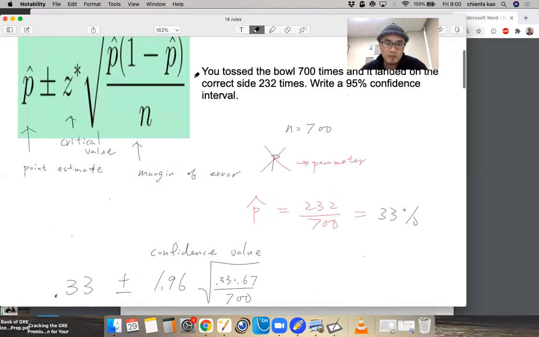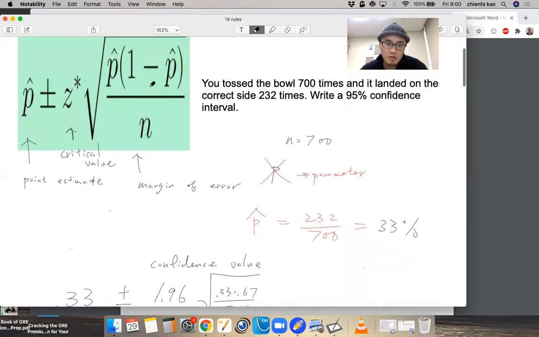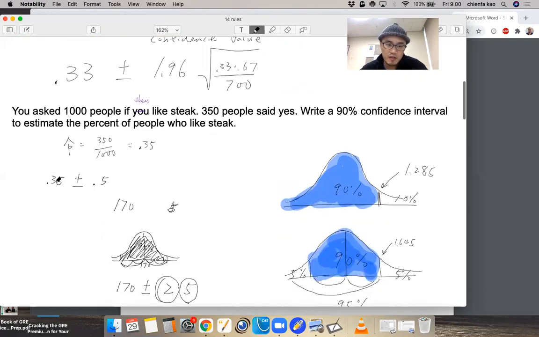That's this formula. It's literally just how many standard deviations away from your average guess. And your average guess is 35%.